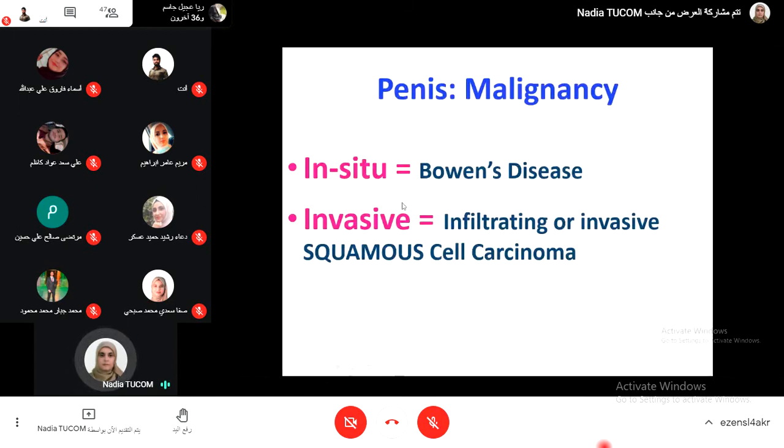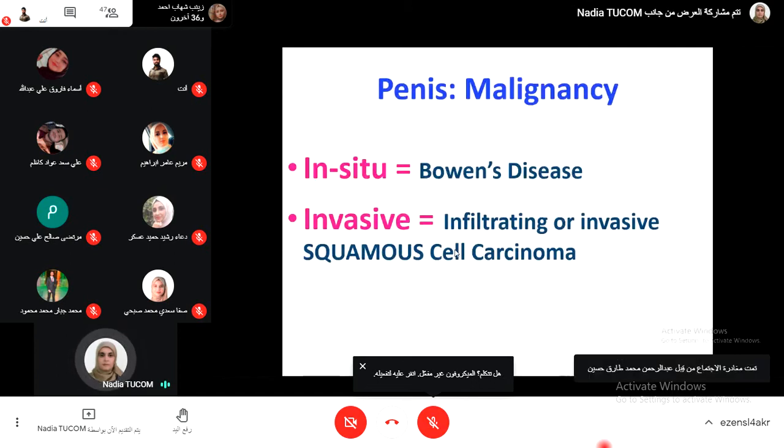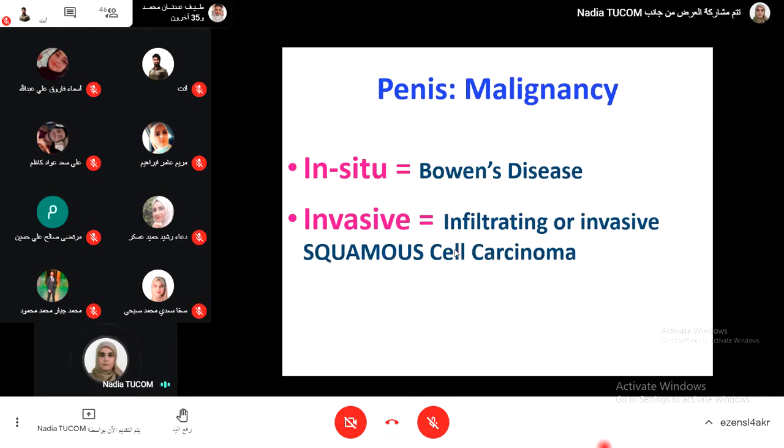When it becomes invasive we call it infiltrating or invasive squamous cell carcinoma according to the differentiation: well, moderately, and poorly differentiated squamous cell carcinoma. The pre-neoplastic or pre-malignant changes include dysplasia, the same as we saw, involving the upper or lower 1/3, 2/3, and full thickness.